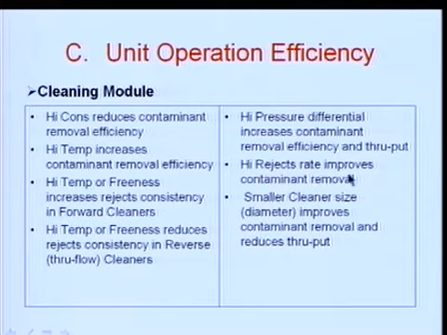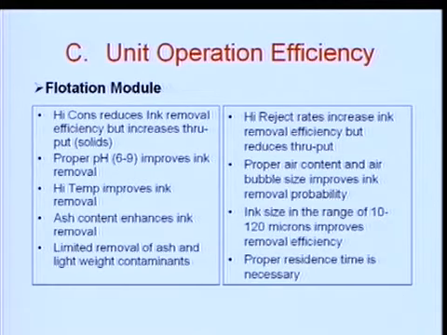High reject rate improves contaminant removal, which is a fact, and smaller cleaner diameters improve contaminant removal, because it improves the G forces within the cleaner itself, and hence improves the contaminant removal. But as the cleaner size decreases, it reduces the throughput.